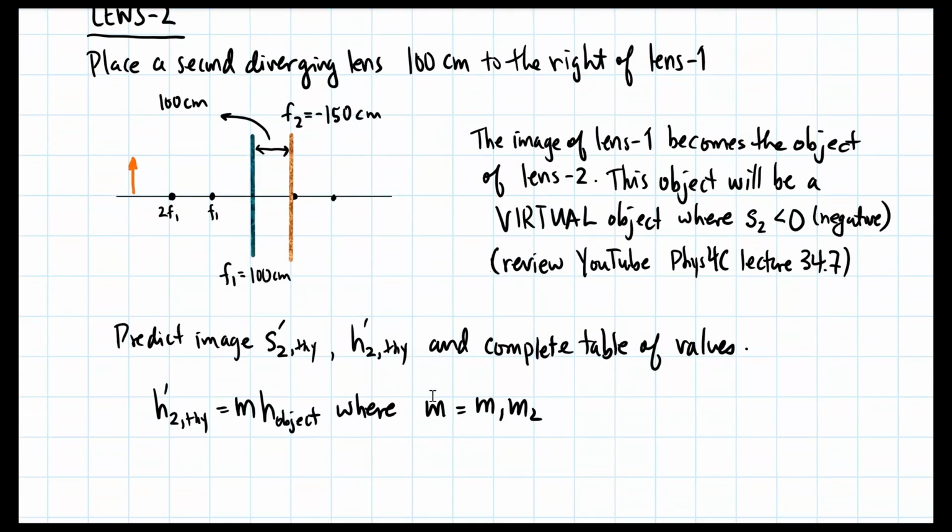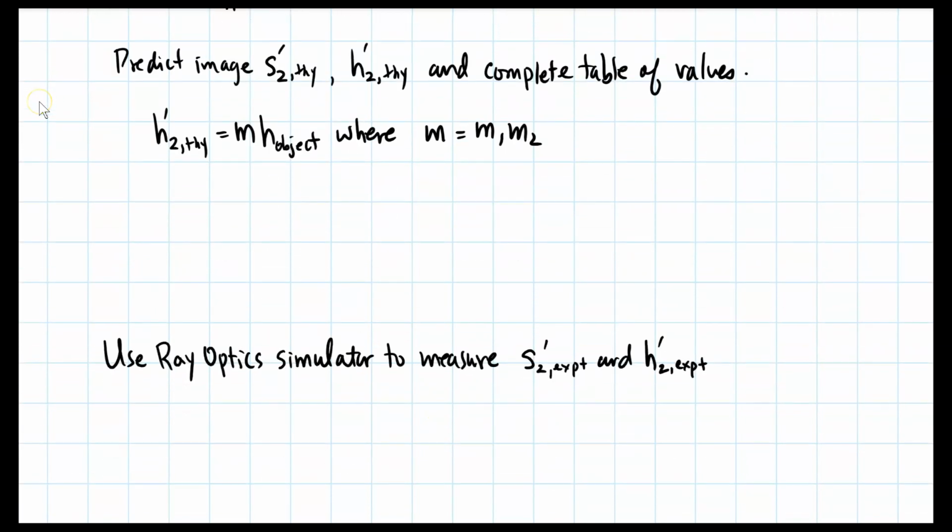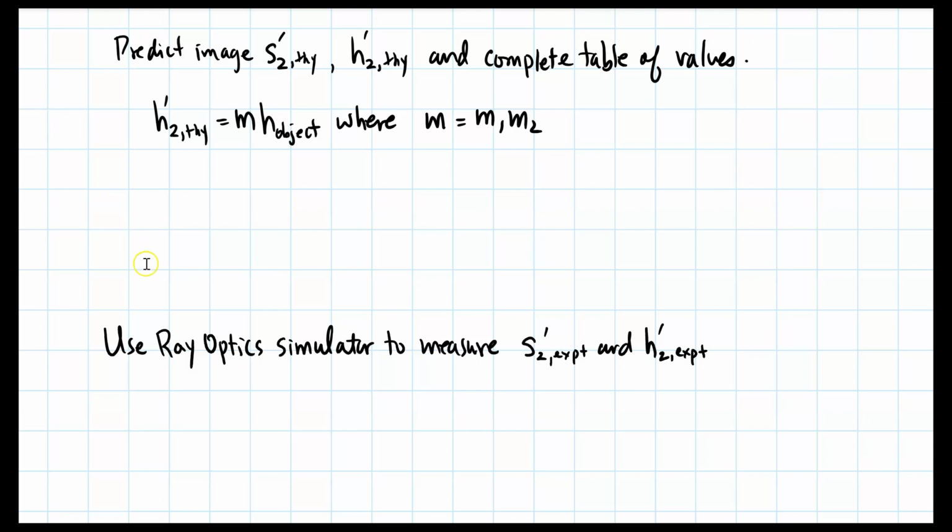Now the one thing that you want to pay attention to here is that the height of the image is the total magnification times the height of the object, where the total magnification is M1 times M2. Then go and use the ray optics simulator to measure the image location and the height of the image and see how they compare.